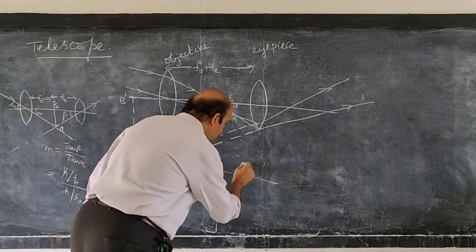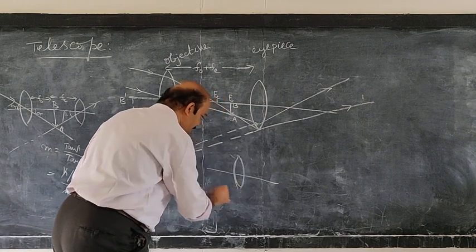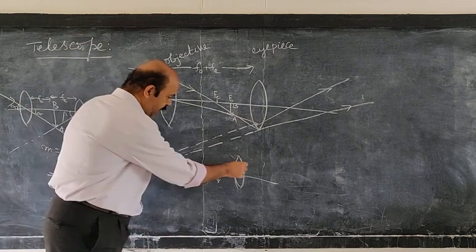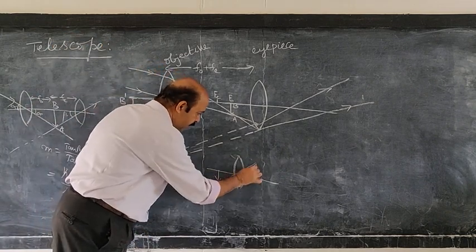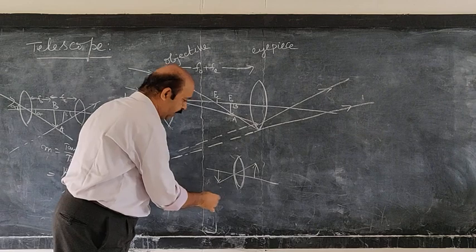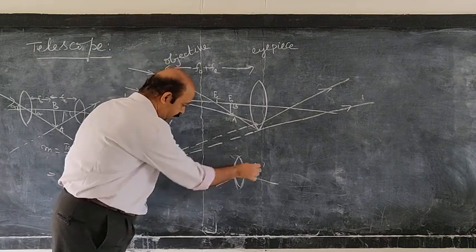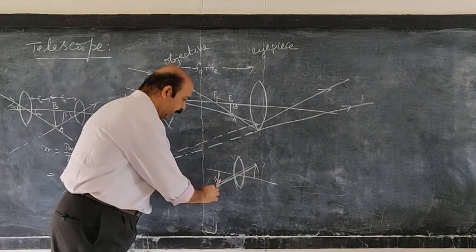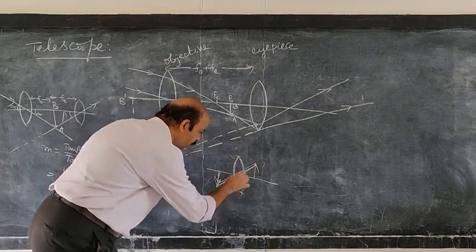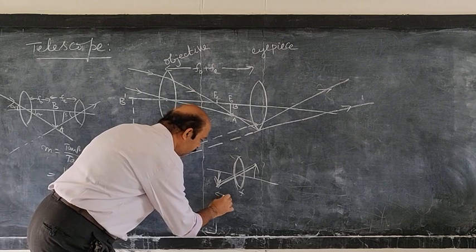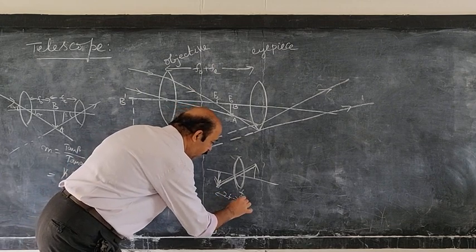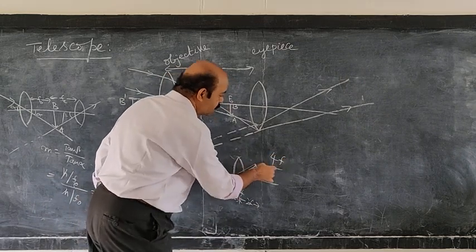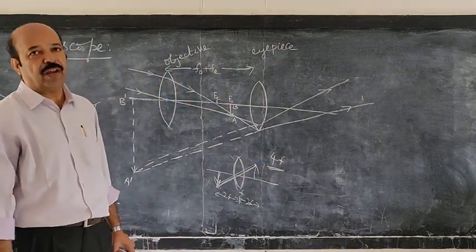The image formed by the objective is made erect by the erecting lens, and it does nothing else. Therefore, if f is the focal length of the erecting lens, here it is 2f, and from here again it is 2f. So totally the length of the telescope increases by 4f.